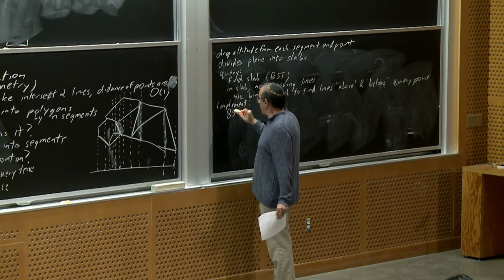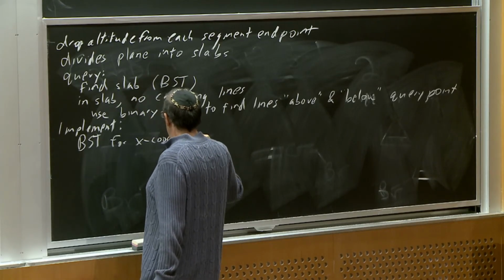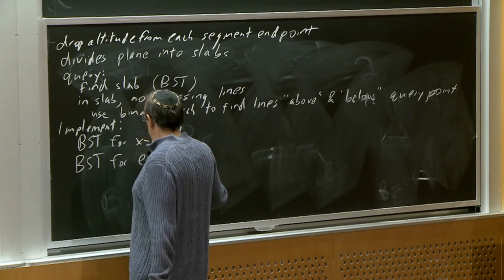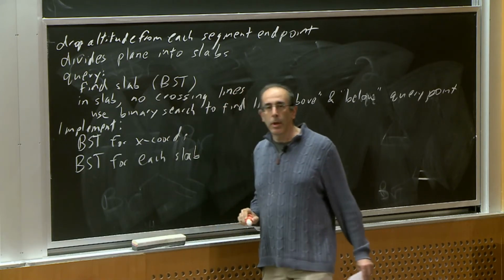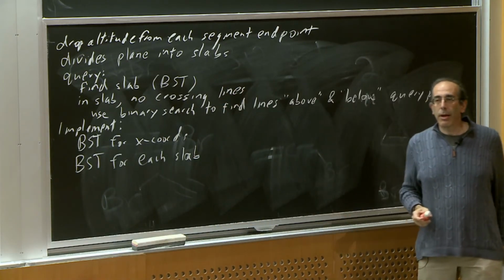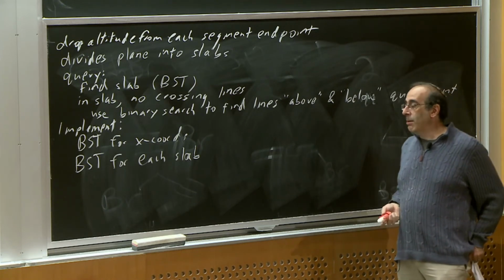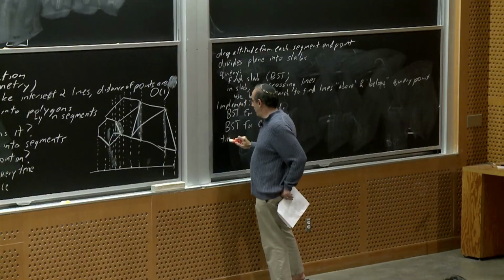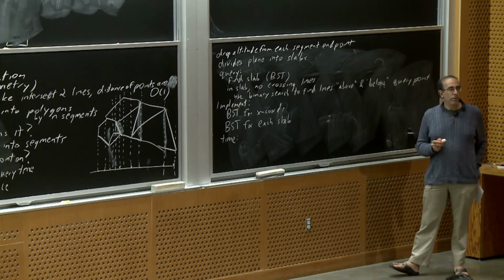So I'm going to start with a binary search tree for the x-coordinates, and then I also need a binary search tree for each slab. So what can I say about the costs for this data structure? Well, in terms of time, it's great, right? How long does it take me to answer a query?